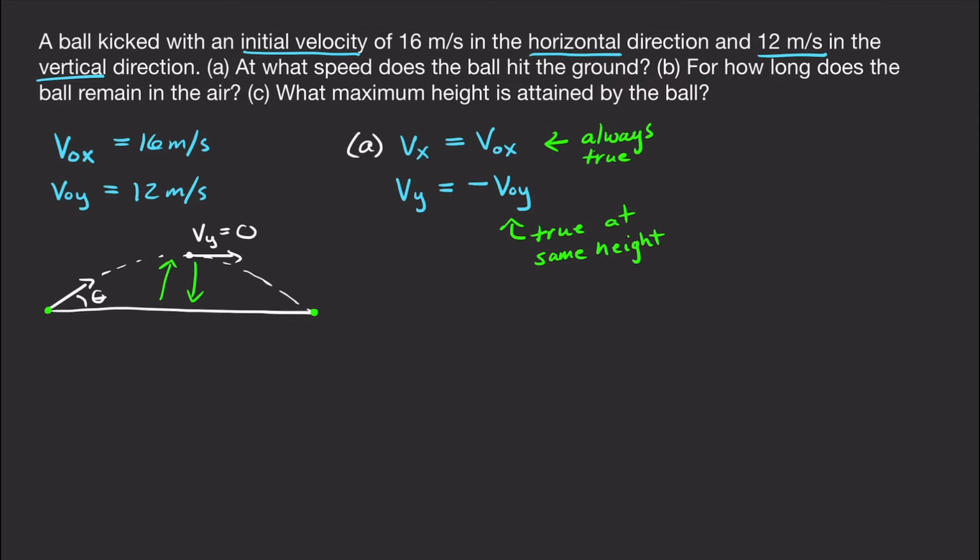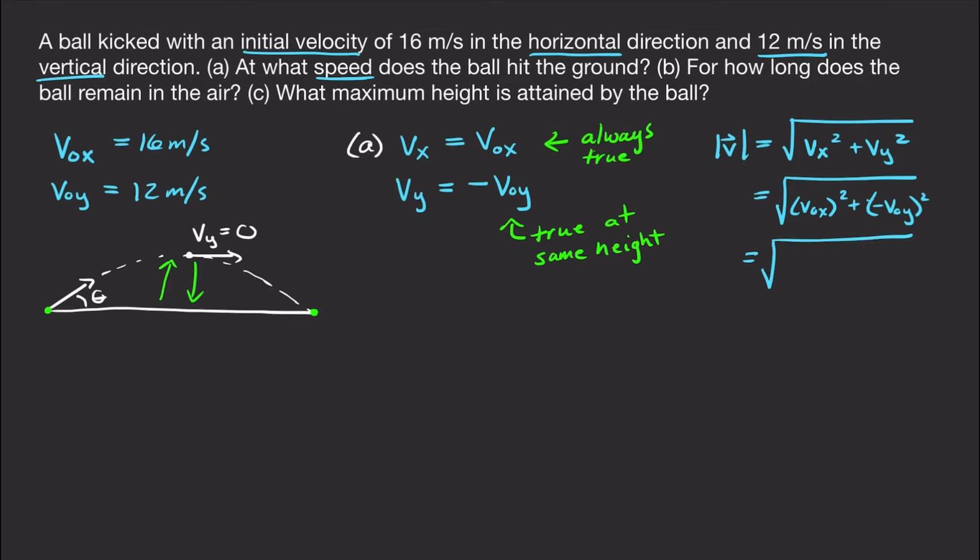Okay, so if I want to find the speed, speed is code for magnitude, and magnitude means use the Pythagorean theorem. So the magnitude of my velocity is my speed, and that's the square root of vx squared plus vy squared. Well, I said my vx is the same as v naught x, and my vy is just minus v naught y.